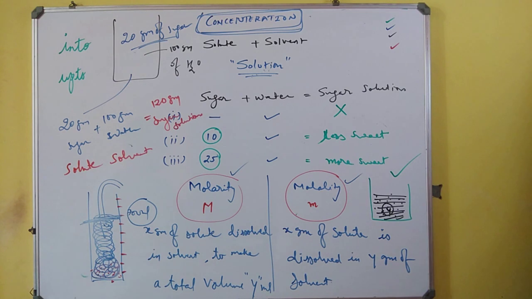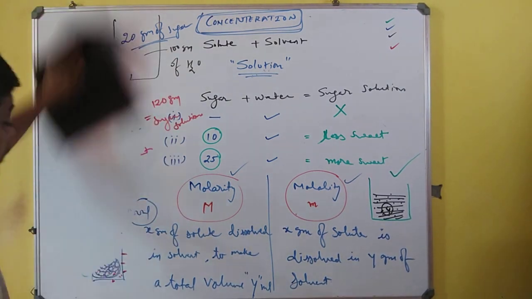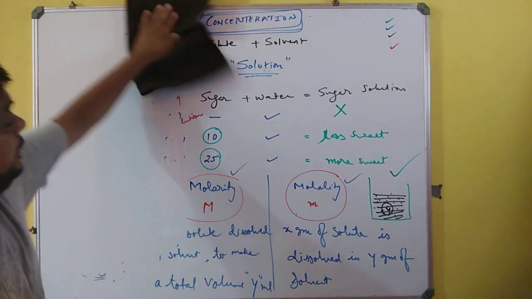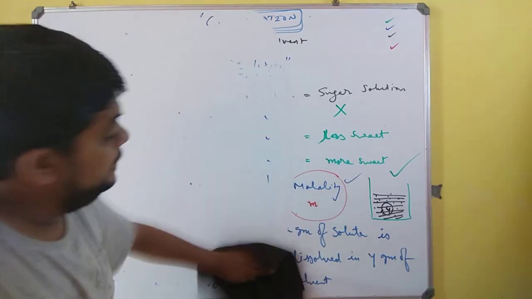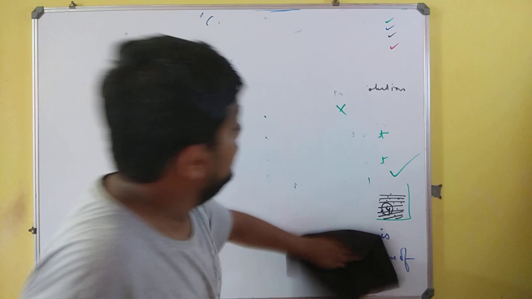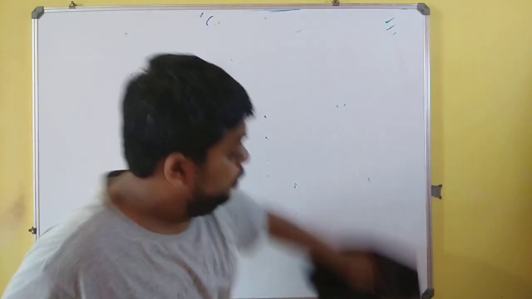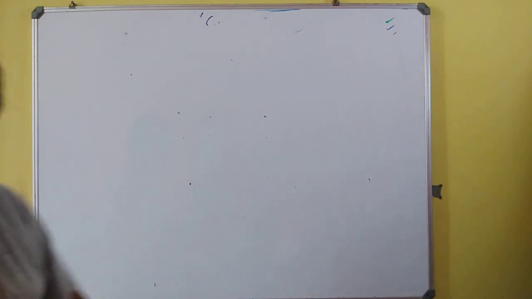Now coming to the conceptual part, how to solve the numericals from the molarity and molality section. We will just take a few examples and discuss in detail regarding molarity and molality from the level you know, or up to what a person should know.